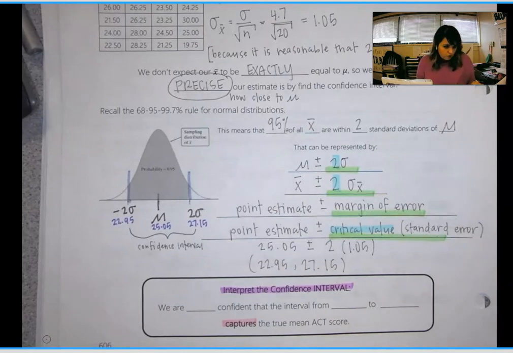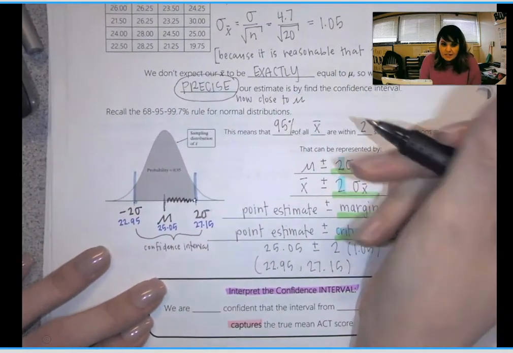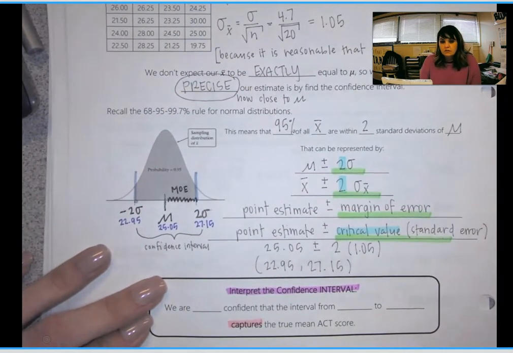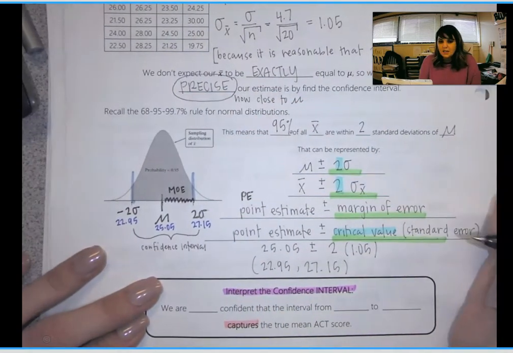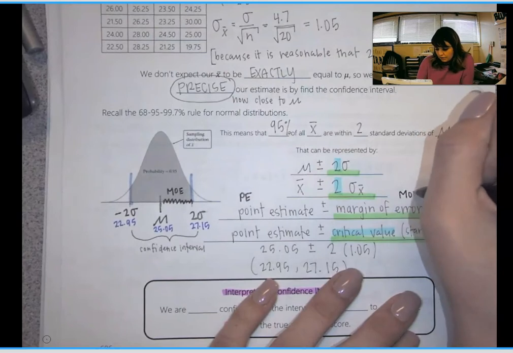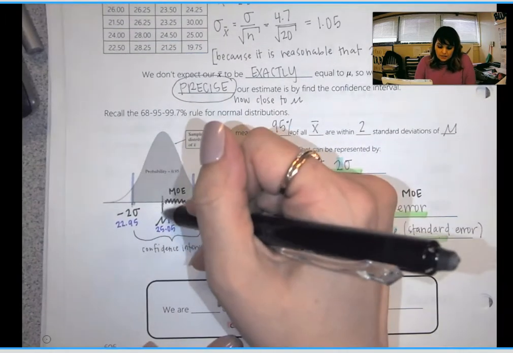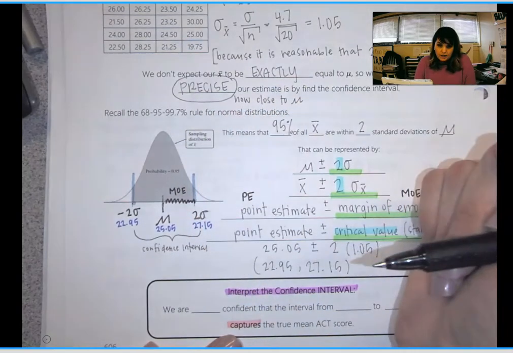So, I'm just trying to see if I have a color that I haven't used yet. Maybe I'll just use pen. This distance is your margin of error. So point estimate is sometimes referred to as PE, and margin of error is referred to as MOE. So this is your point estimate. This is your margin of error.